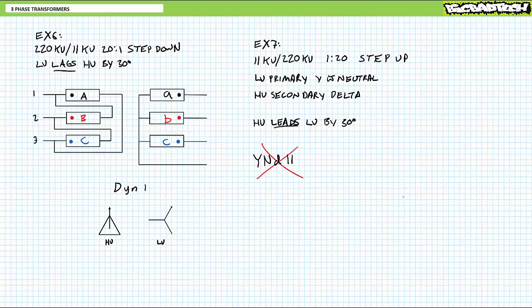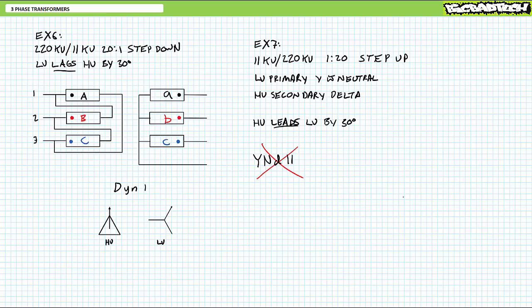Pay attention to the dramatic emphasis I'm placing on certain terms. I say again, consider a step-up transformer with a Y-configured low voltage primary input and a delta-configured high voltage secondary output, where the high voltage output leads the low voltage input by 30 degrees.